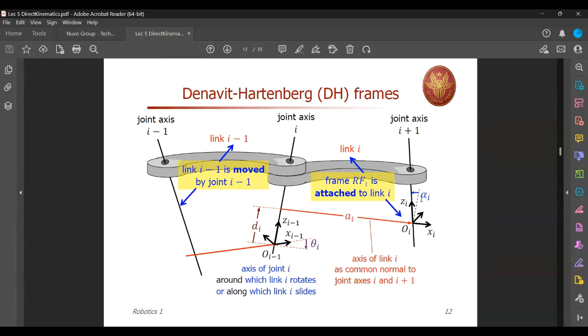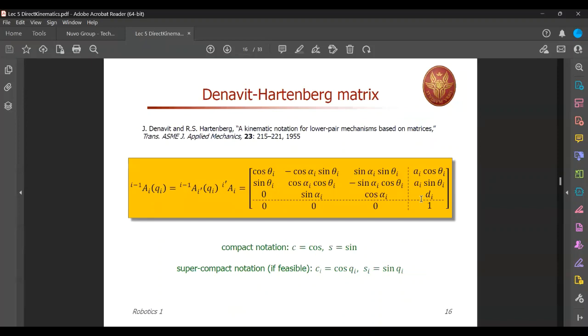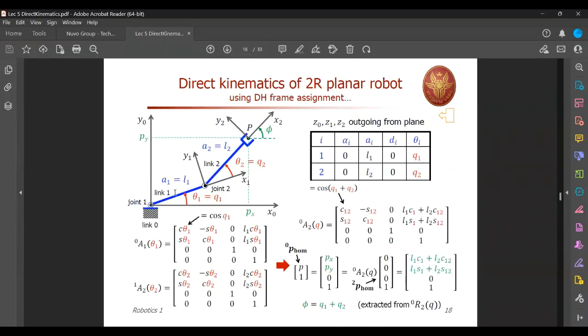You have to do this twice, first for the first joint, second for the second joint. Now you can see clearly, once you get this document, you can use the definitions of the 4 parameters, theta, D, A, and alpha, and figure it out. But even without going that way, you can figure that out very easily.